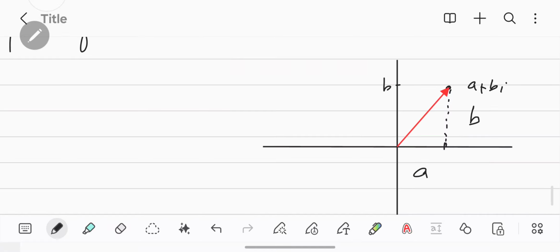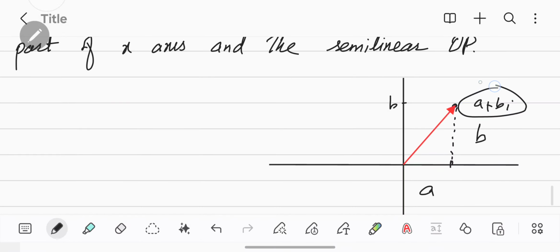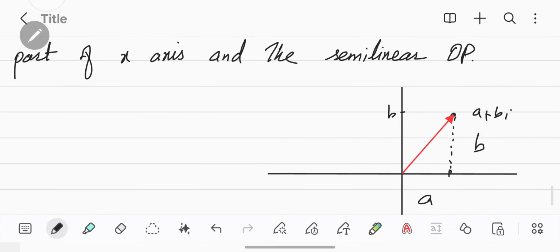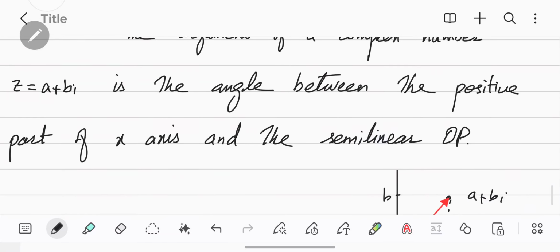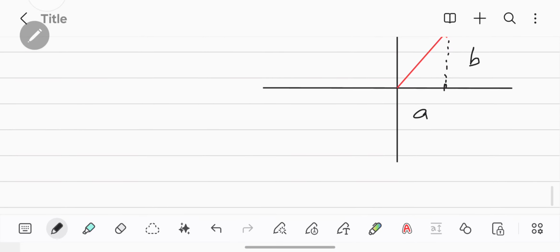Suppose we have again this graph, and a plus b iota is our complex number. The argument is the angle from the positive part of the x-axis, you know, this is the x-axis, its negative part, and this is the positive part.